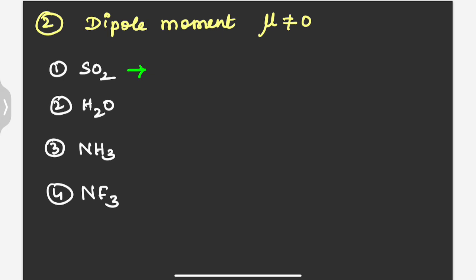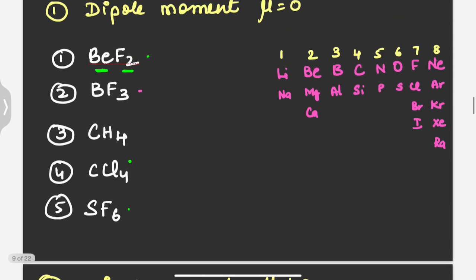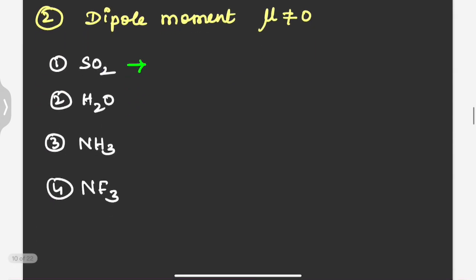Sulfur: how many valence electrons are there in sulfur? Just now we have seen, sulfur has 6 valence electrons. Out of these valence electrons, oxygen, you know, always forms a double bond. With sulfur also it will form a double bond. One oxygen will form one double bond.